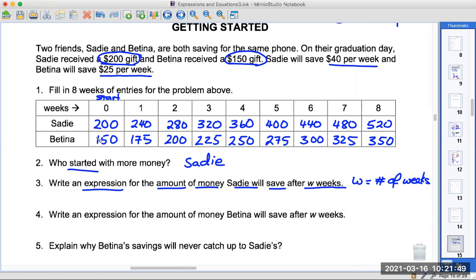You take the starting point, 200, plus we're adding money each week. We're not spending any, that would be a minus. We're adding $40 per week, so we want to use our W. W is the number of weeks. So this is the expression for Sadie.